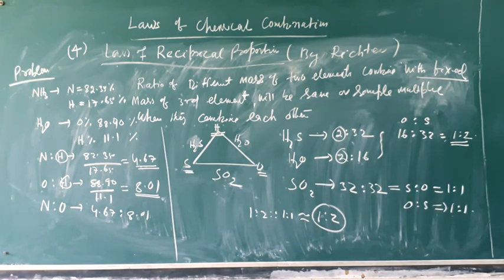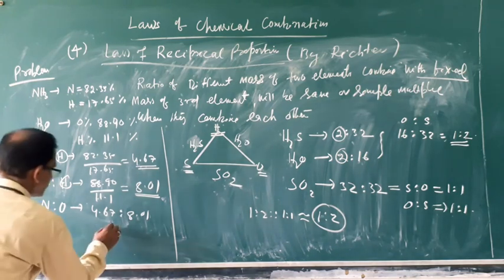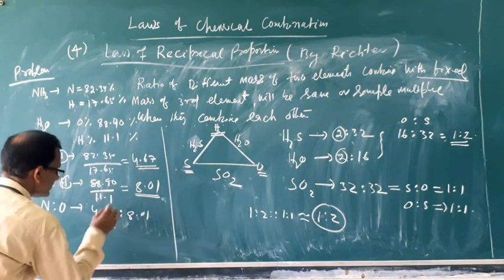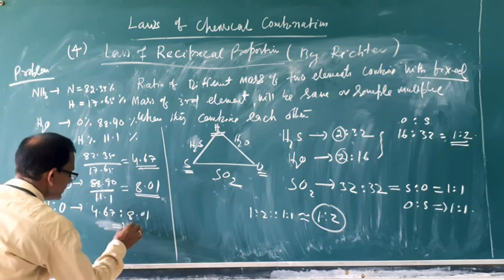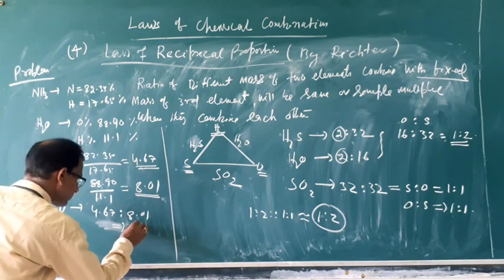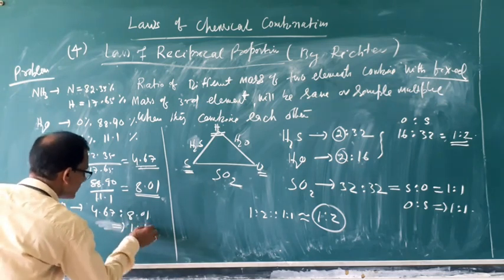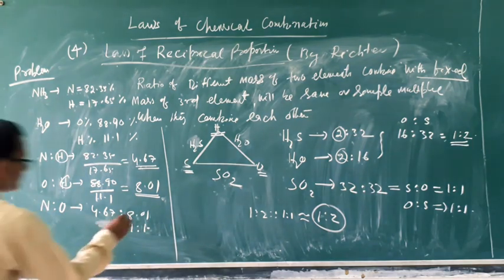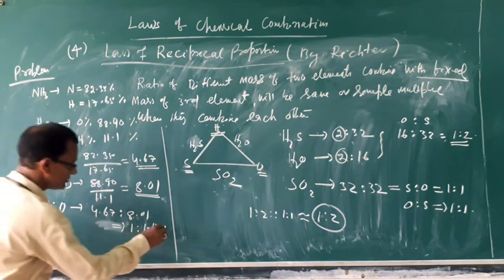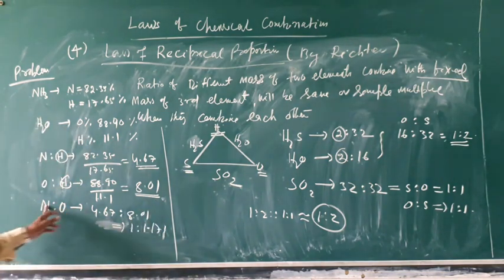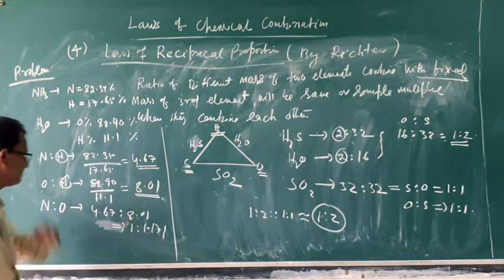N/O value is 1.171. That means 1 is to 1.171. One is smaller, the other is greater. So this is the percentage of nitrogen with respect to 1 gram oxygen.